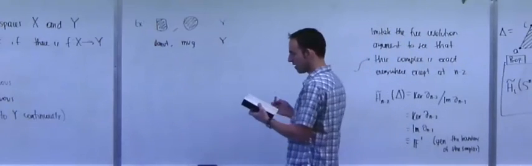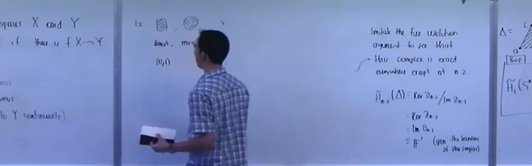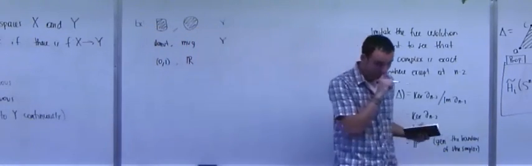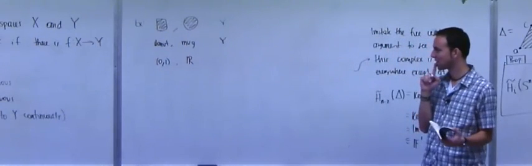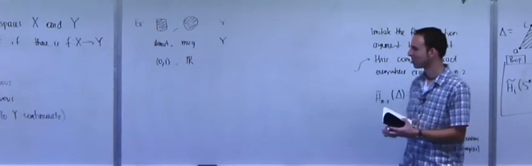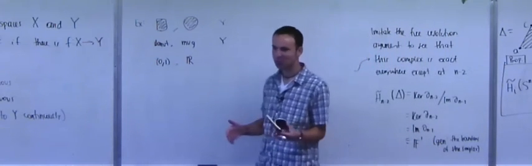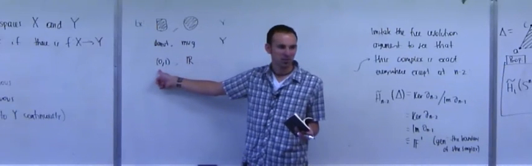Okay? What about this one? The interval from 0 to 1 and the reals. Do you guys think those are homeomorphic? Again, depending on how much you know, this might seem crazy because this looks a lot bigger than this, but you guys probably know that it's not, right?